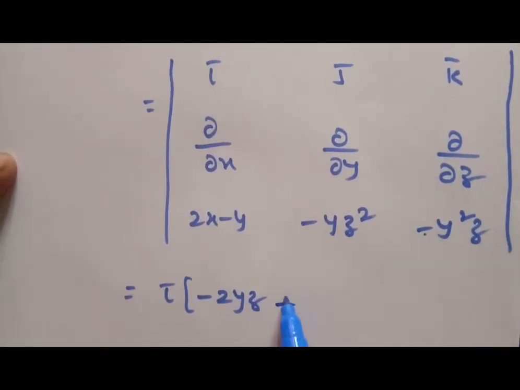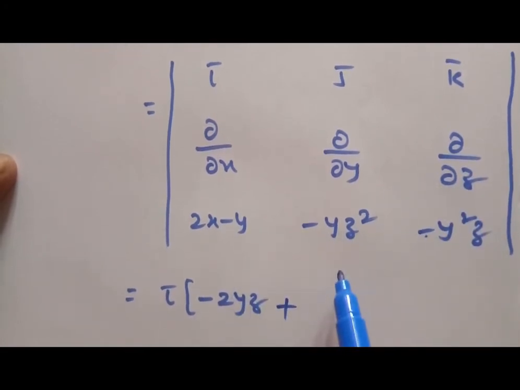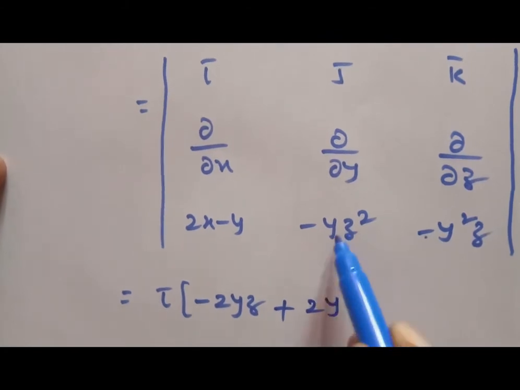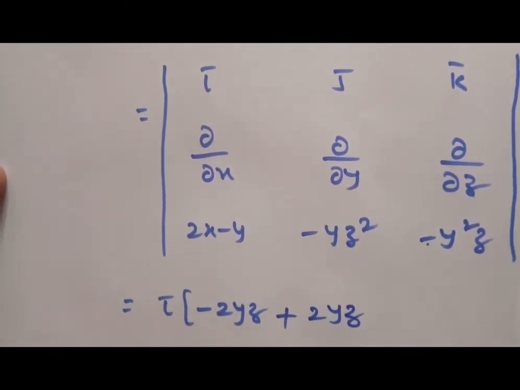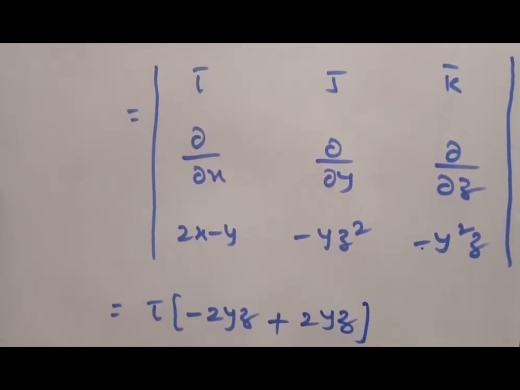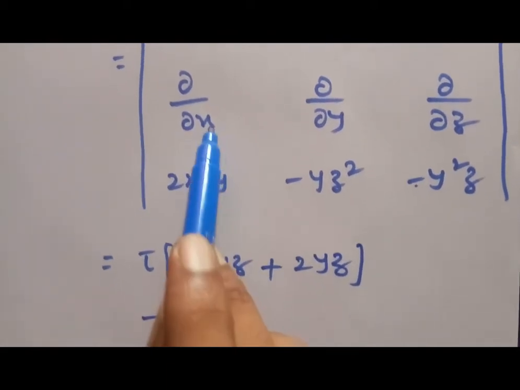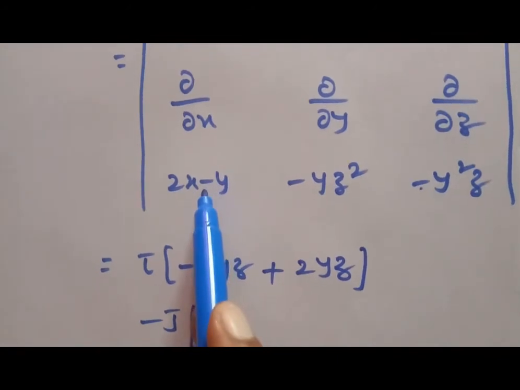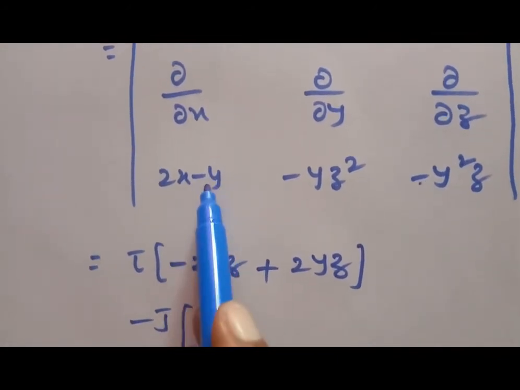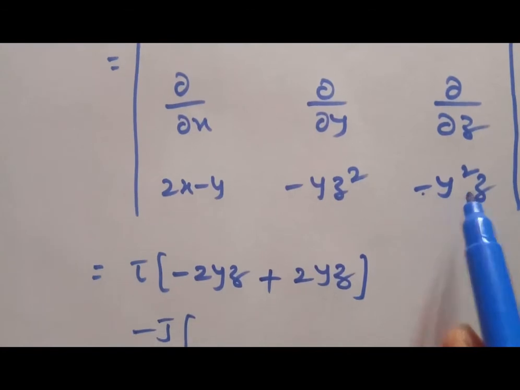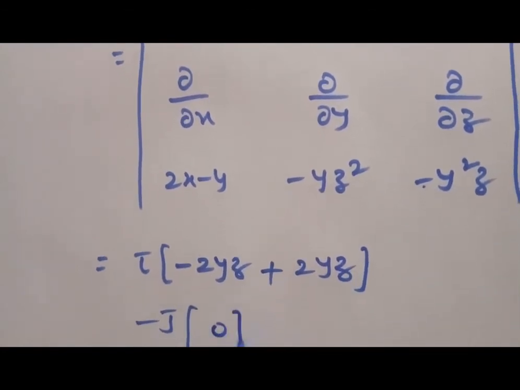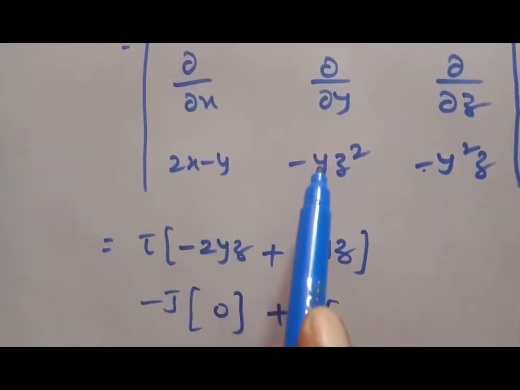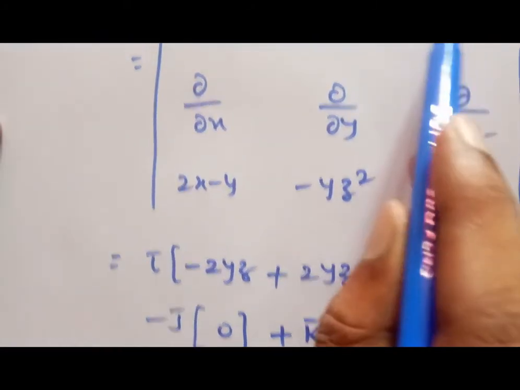minus of minus plus with respect to z, that is 2, y is a constant, z square derivative is 2z, minus j bar into dou by dou x of this one 0 minus dou by dou z of this one. This is also 0 as there is no z. Here also there is no x, so 0, plus k bar into dou by dou x of this one, by deleting first row third column.